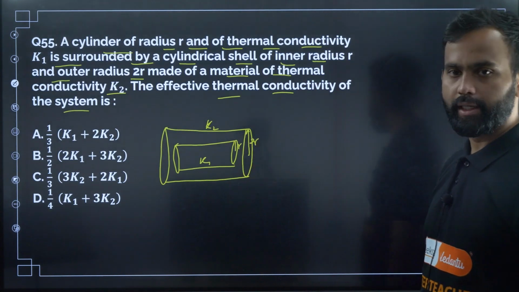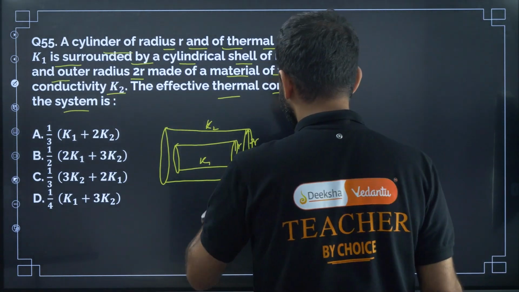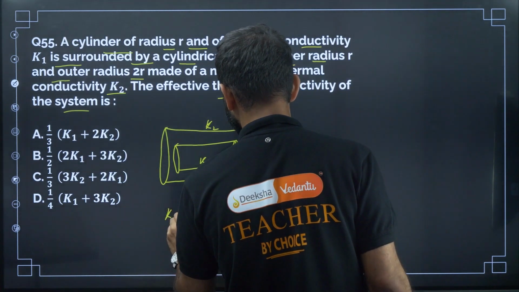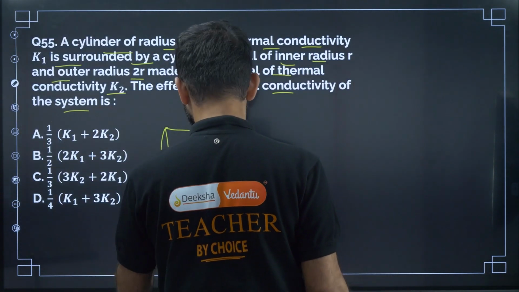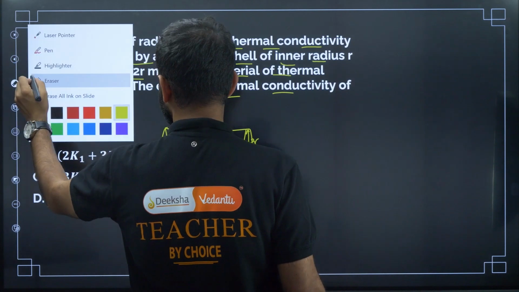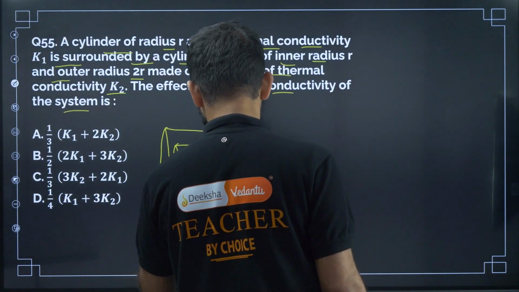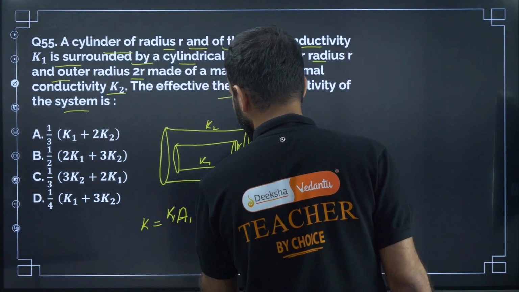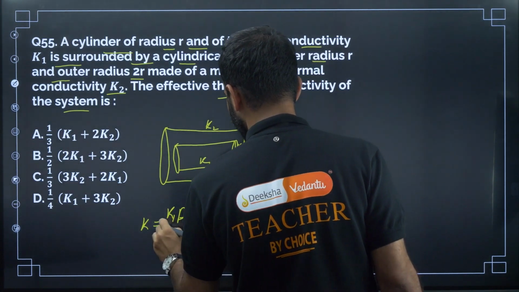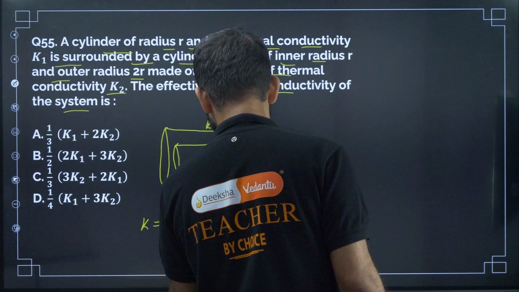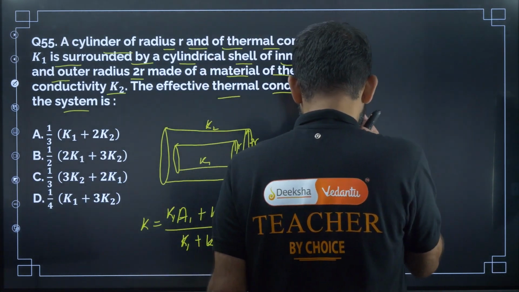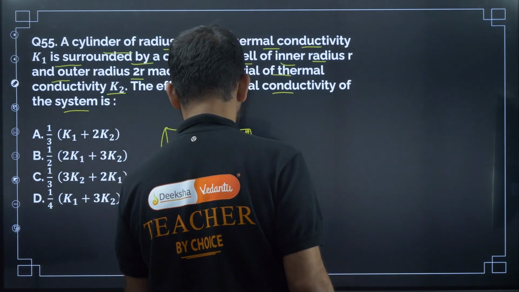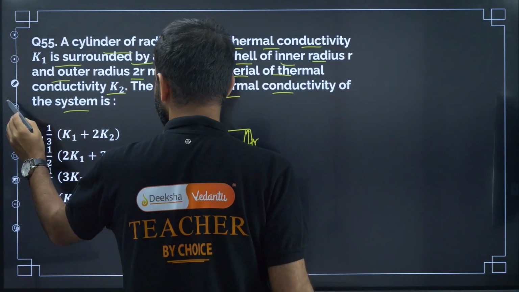So for parallel, the net conductivity K equals (K1 A1 plus K2 A2) divided by (A1 plus A2).